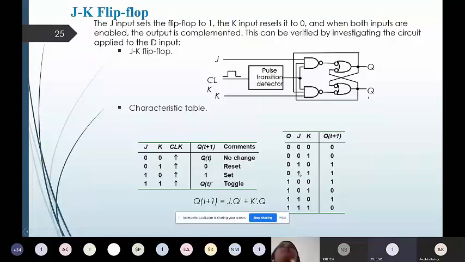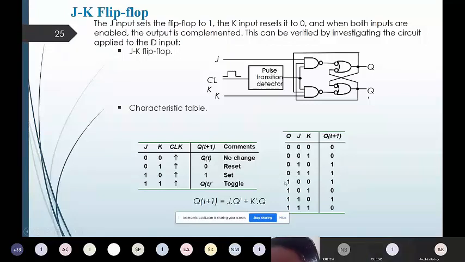We have said that when both J and K are 1, the Q of t plus 1 is Qt dash, and Qt value is 0, so Qt dash will be 1. So here we are seeing the toggling from the 0 level to the 1 level. That's why we are saying this as change from Qt to Qt dash.